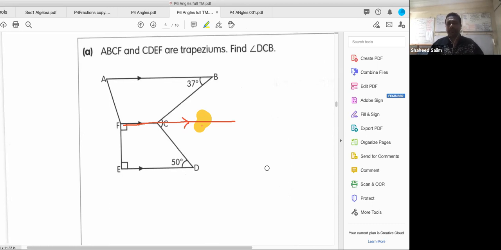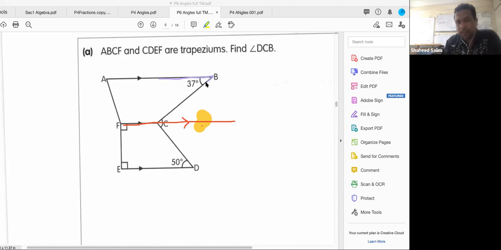Cannot see. Okay, I'll draw for you, okay? Then Akil should be able to see. Okay, I use a purple line. Do you agree this is also 37? Correct? Agree, can see.